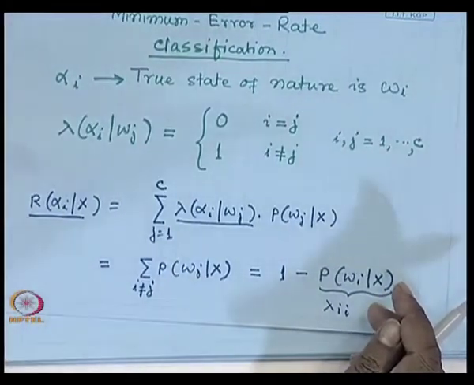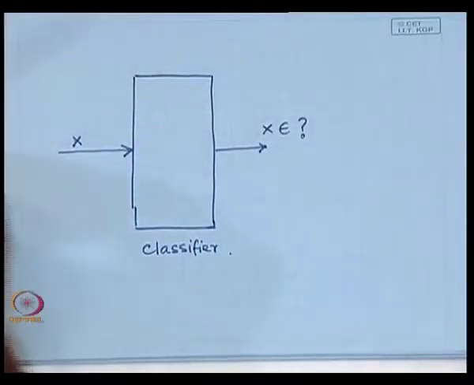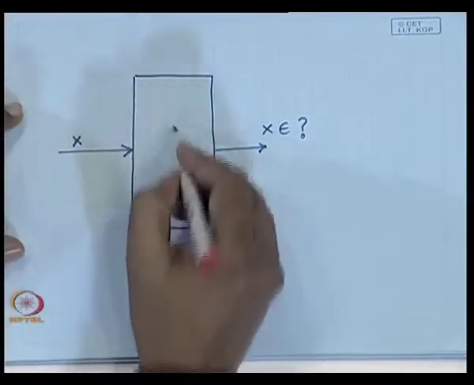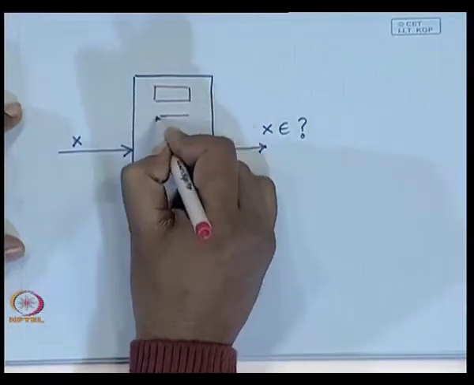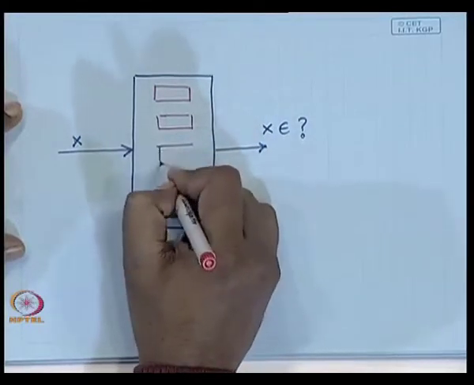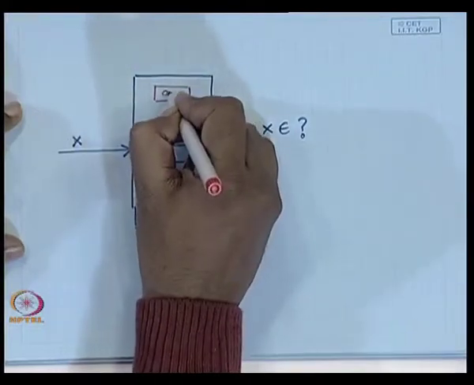So, it is the number of classes or the number of actions that I defined with my classifier, I have to compute so many functions. Then whichever function gives me either maximum or minimum, I take that particular action or decide in favor of that particular class. So, I can say that in this classifier box, I have different modules or functional units which compute a function g of x.